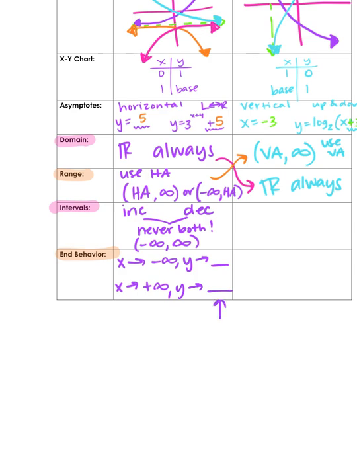Now, these will always be my horizontal asymptote and either positive or negative infinity. One will be the horizontal asymptote, one will always be positive or negative infinity, depending on whether it is increasing or decreasing.